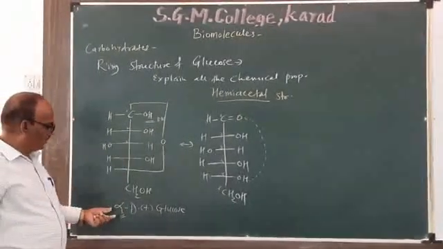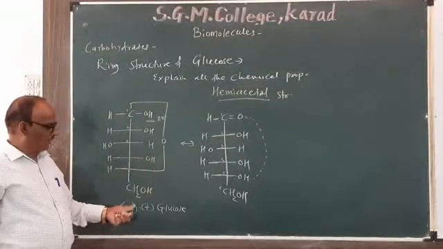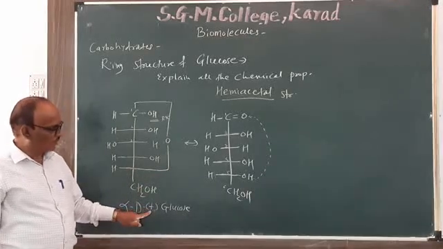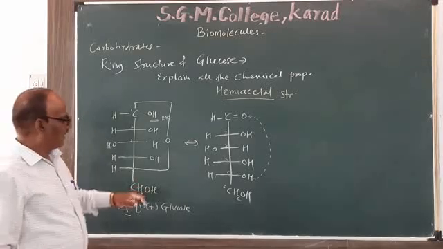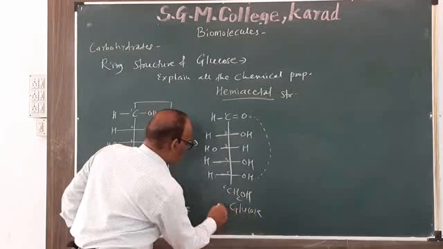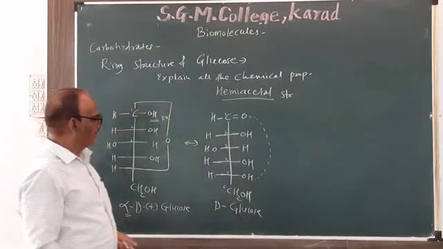D series means the OH group is also on the RHS, plus means dextrorotatory, and the compound is glucose. The first isomer is alpha, that is the alpha anomer.